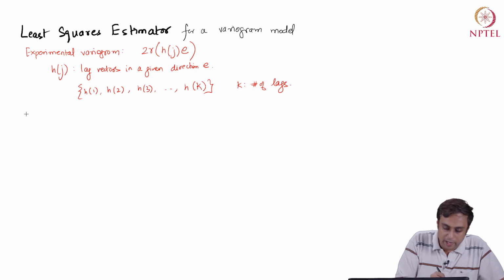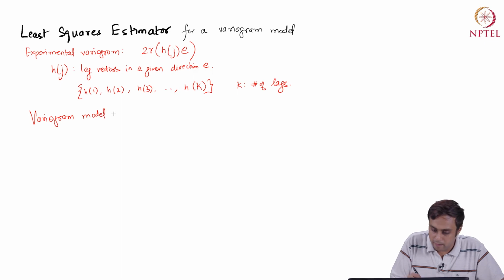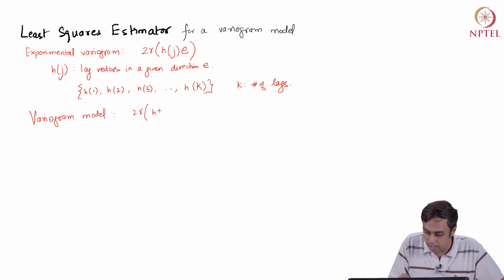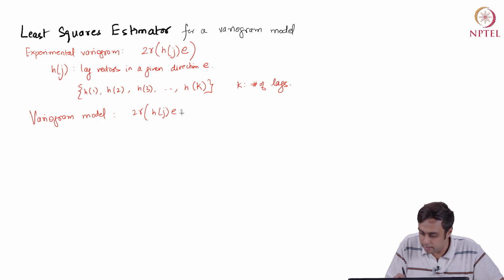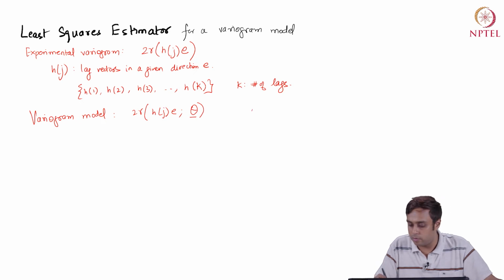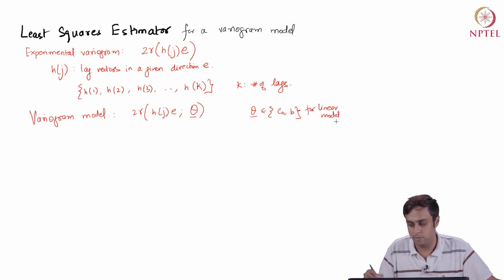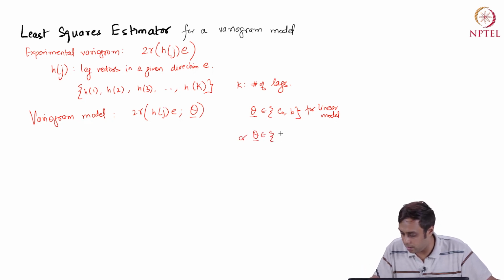Okay. Now, the variogram model on the other hand will be given as 2 gamma h j, but with a parameter vector theta. Now, theta we know is C0 and b for a linear model, and theta could be C0, Cs and As for a spherical model, and so on.